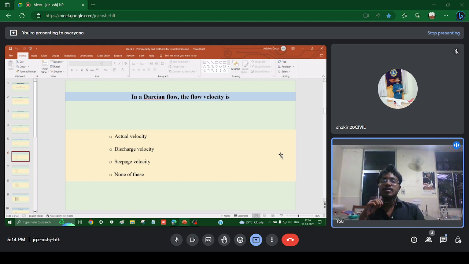In a Darcian flow, the flow velocity is actual velocity, discharge velocity, seepage velocity, or none of these. Do you know what is Darcian flow, Shakir?